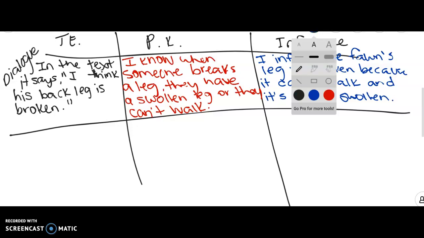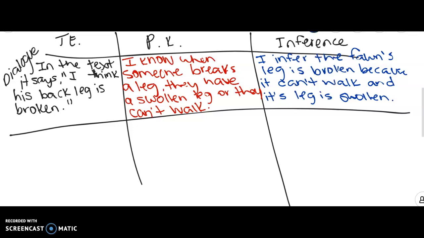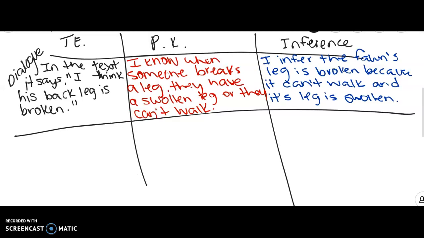So our last inference is going to be based on actions. So let's talk about actions. Right in the text, in paragraph 2, at the end of the paragraph, it says he tiptoed over until he could see something laying in the grass.